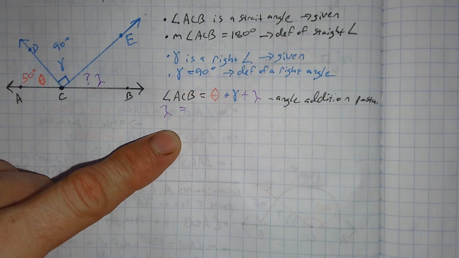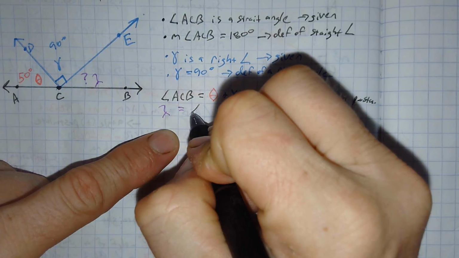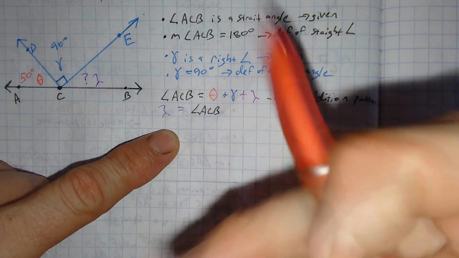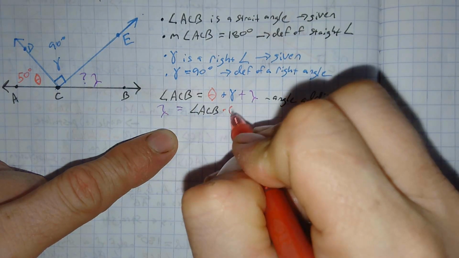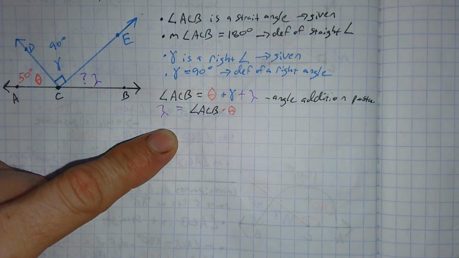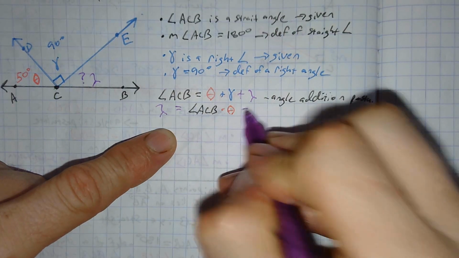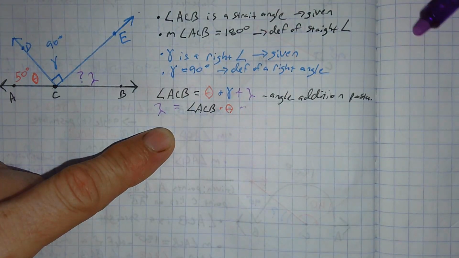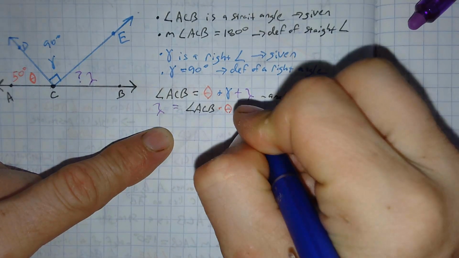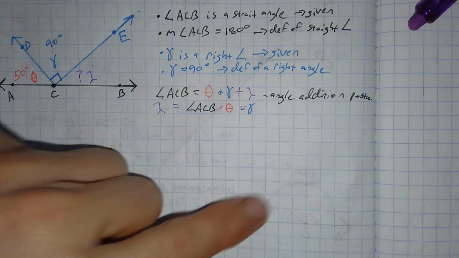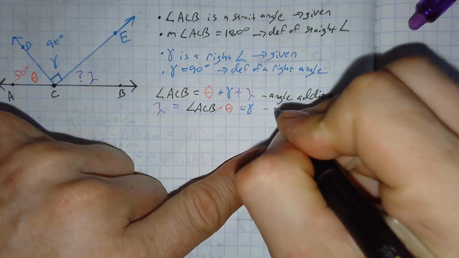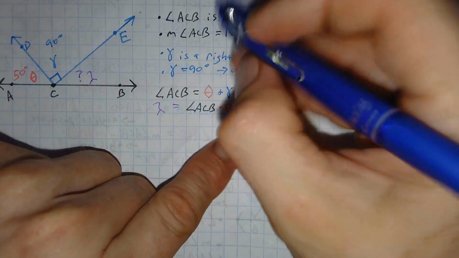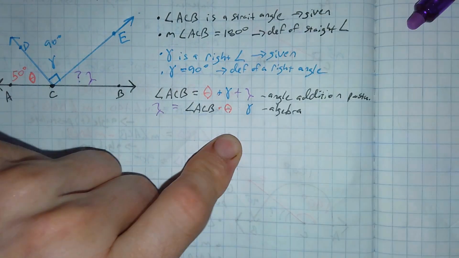So it's still going to be angle ACB minus theta and minus, whoops, supposed to be blue, minus gamma. And I can say that because of algebra. Clean this up a little bit here.